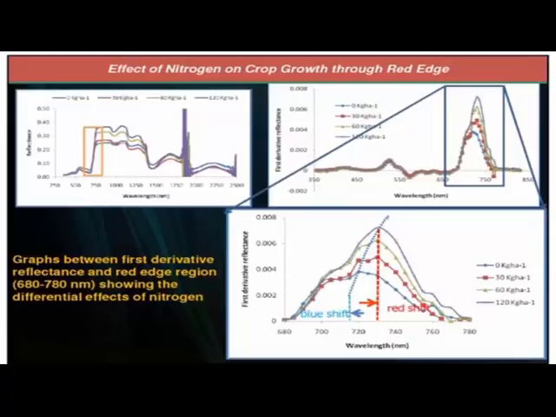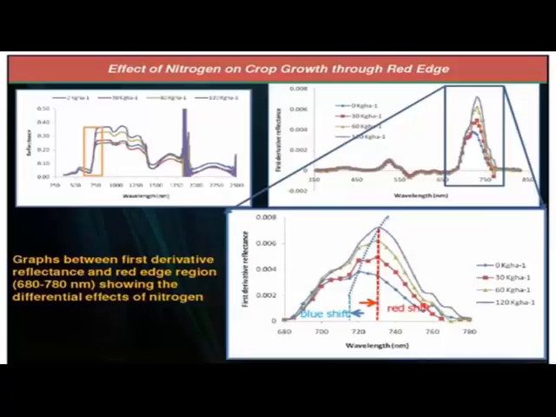So if you take the first derivative of this reflectance, you are able to see some information which you were not able to retrieve or interpret before. Now, when you see the first derivative result, there are two things.